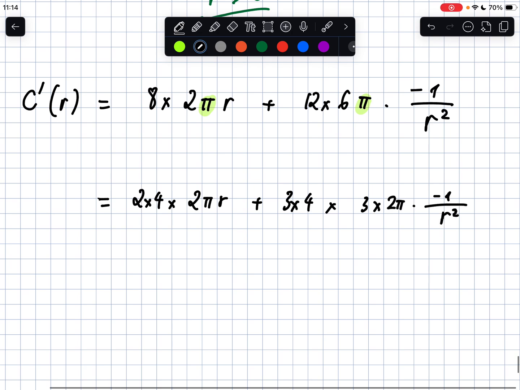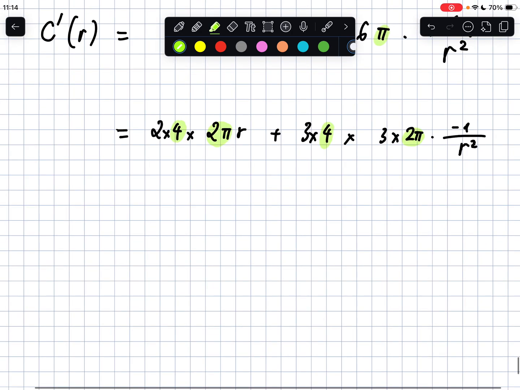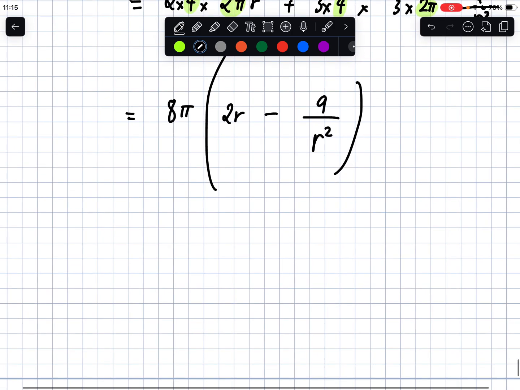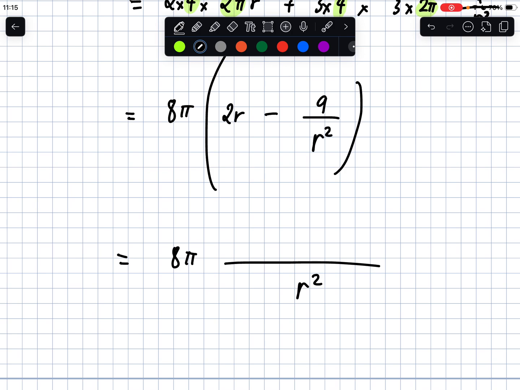So we have 2π in common, and 4 in common. Put it out, 8π out there. Inside we have 2r minus 9 over r squared. So 8π over r squared times 2 r cubed minus 9.